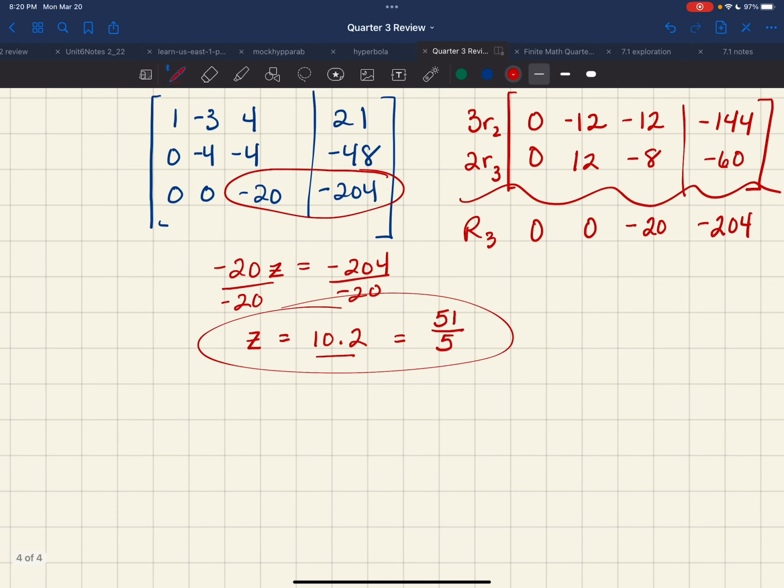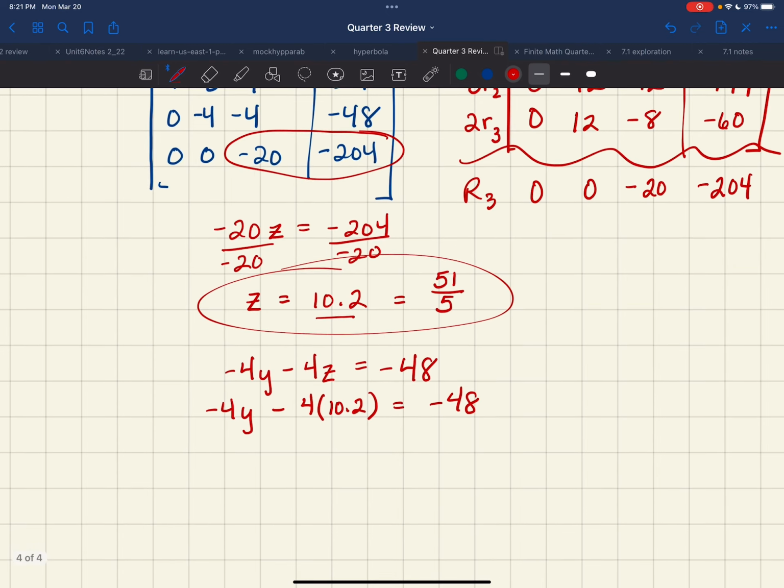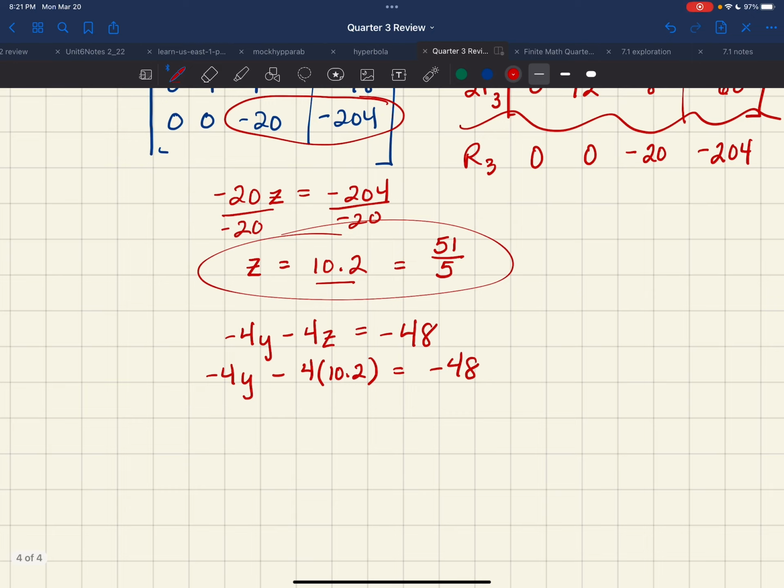And then I'm going to go ahead and put my y equation down. So negative 4y minus 4z is equal to negative 48. So negative 4y minus 4 times 10.2 is equal to negative 48. So 10.2 times 4 gives me 40.8.